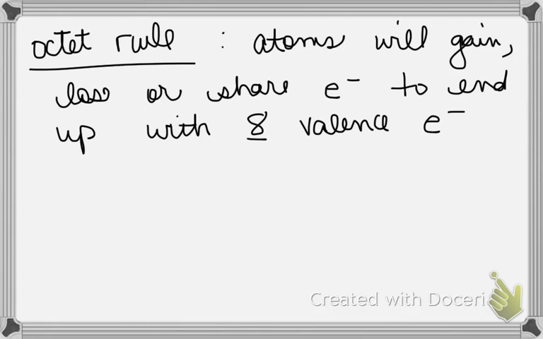So they're either going to gain electrons to have 8, they're going to lose electrons so that they'll only have 8, or they're going to share electrons with somebody else so they can all have 8. So atoms gain, lose, or share electrons to end up with 8 valence electrons.